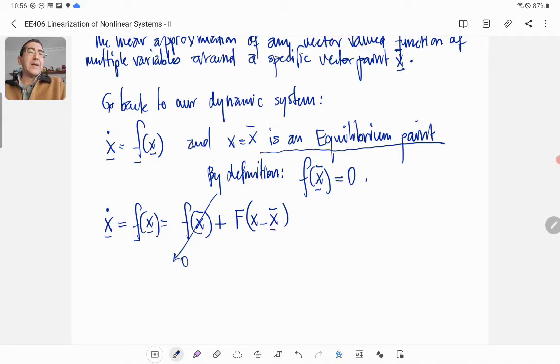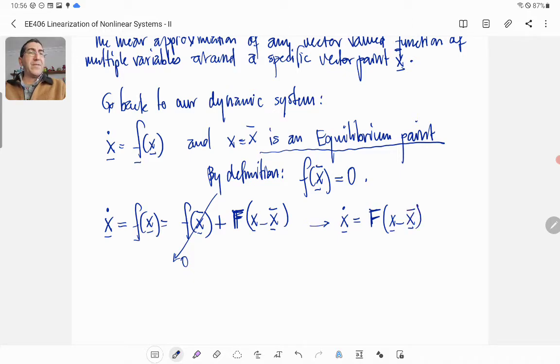Still, x's are vectors and F is a matrix. Because the constant disappears, this becomes essentially a fully linear function without any offset as well.